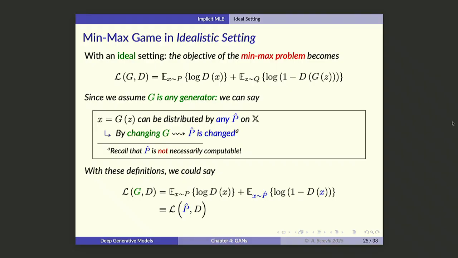I told you that if I change G, then I'm essentially changing P hat, the distribution of the generator, right? Now, I replace that G of z by x, and then I do the expectation over P hat, right? This is exactly the same argument as the second one there, right? And the first argument is the one as before, right? Everybody's cool?